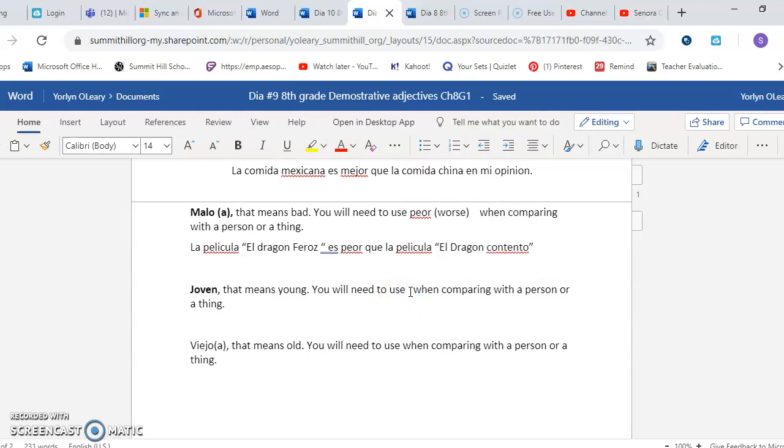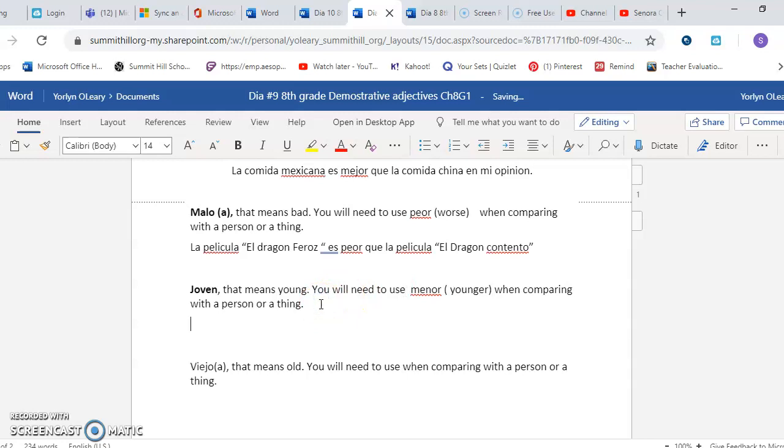So we want to use younger, which is menor. Menor equals younger. So that's the one that you're using. Make sure that you're taking notes when you compare a thing or a person. Camila es menor que Marina. Camila is younger than Marina.